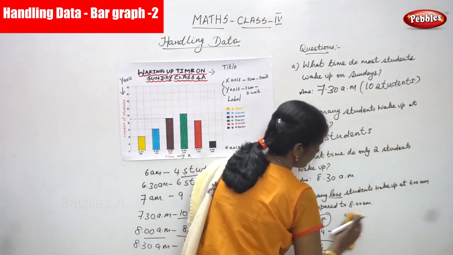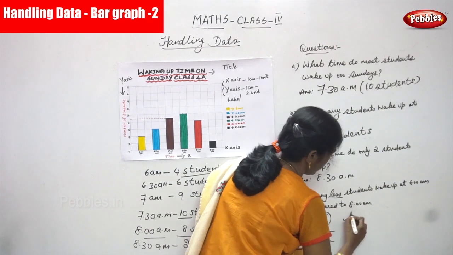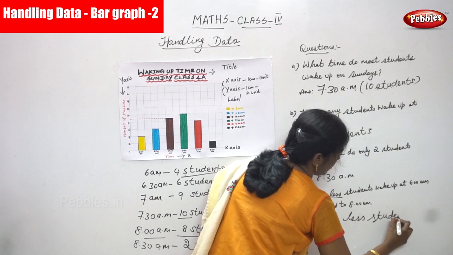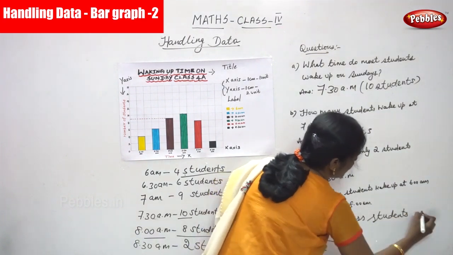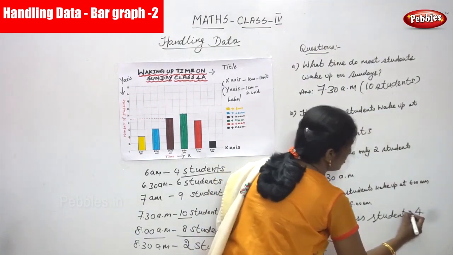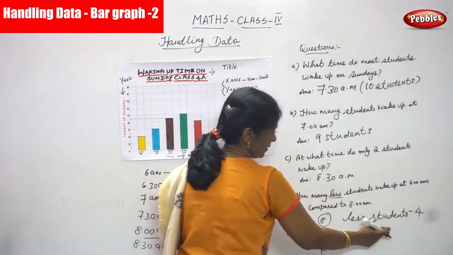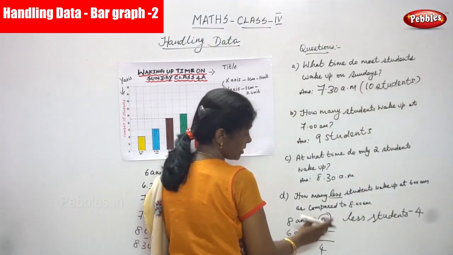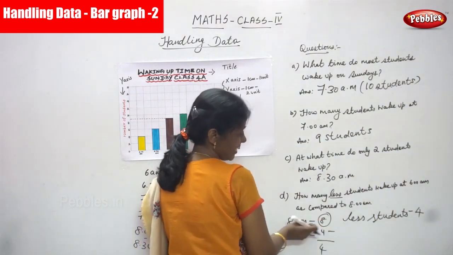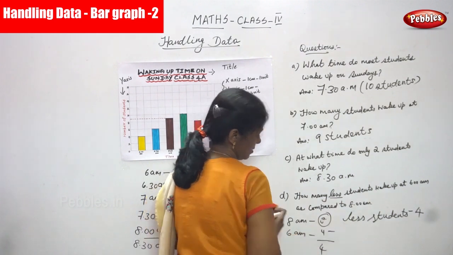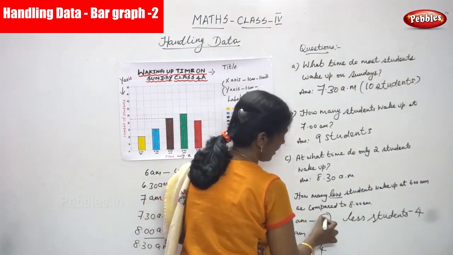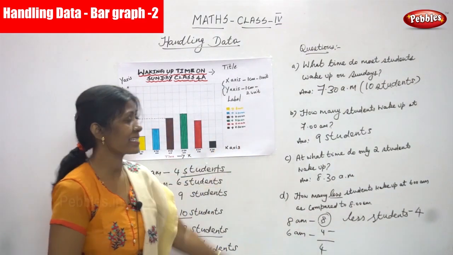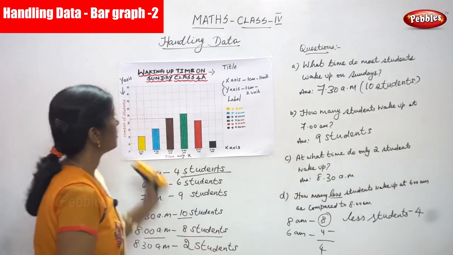Only 4 students wake up at 6 a.m., but at 8 a.m. 8 students. So 4 students are fewer compared to 8 a.m. This is the exact, clear information about the bar graph.